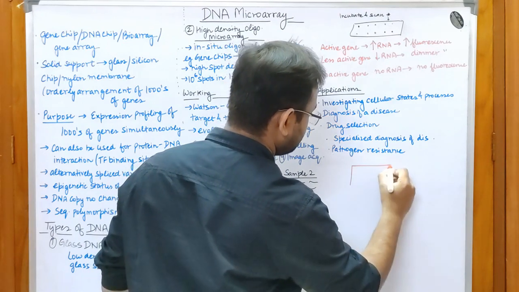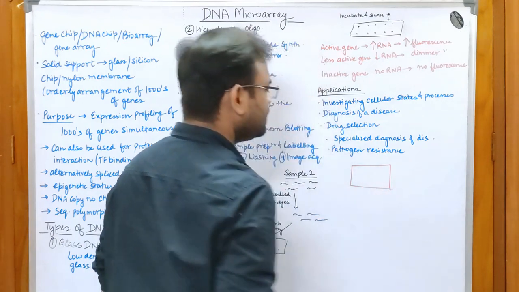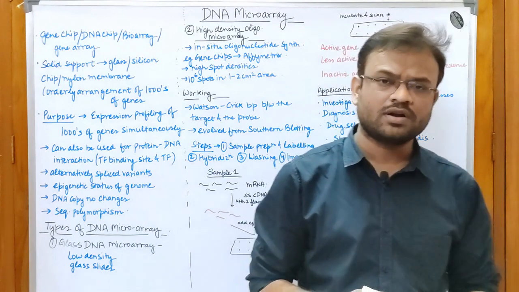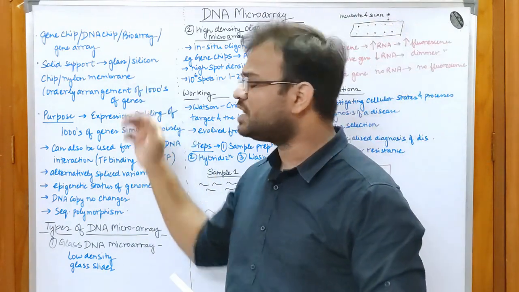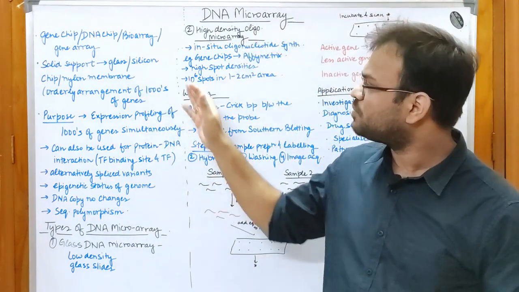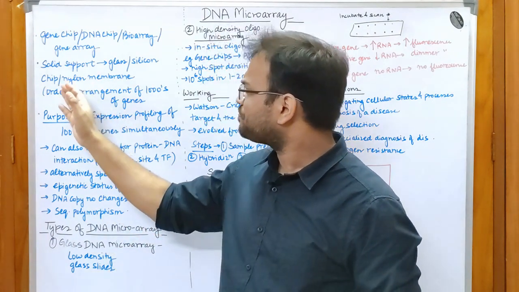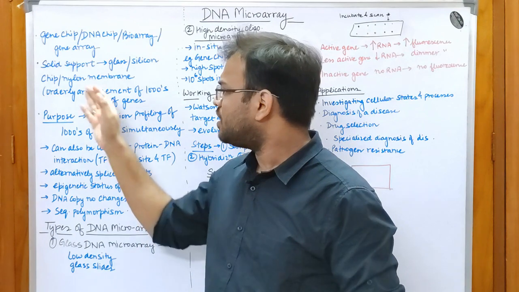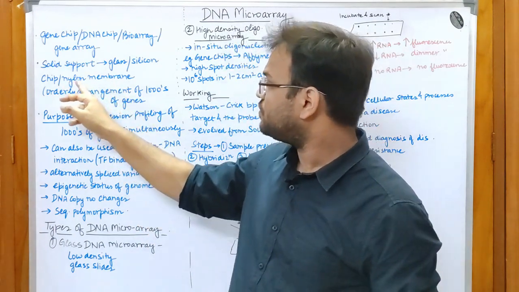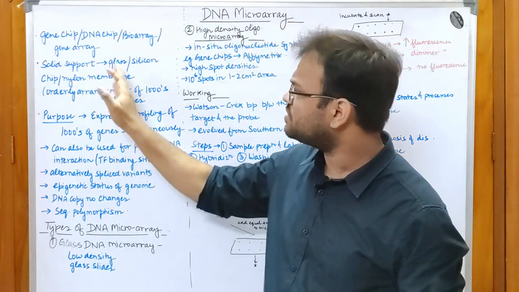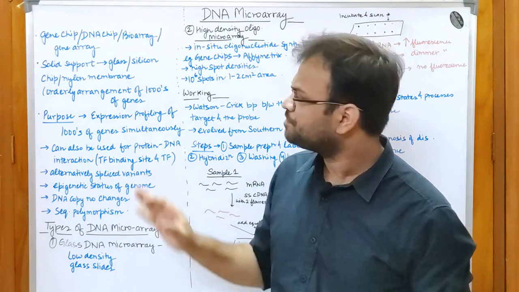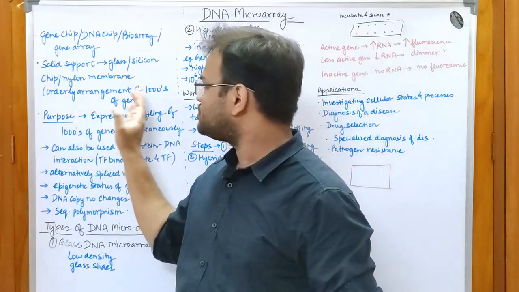It can be made up of glass or silicon, both ways. It can also be made up of a nylon membrane, but in general glass and silicon chips are used.